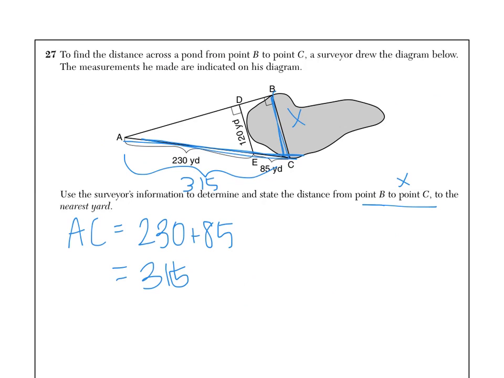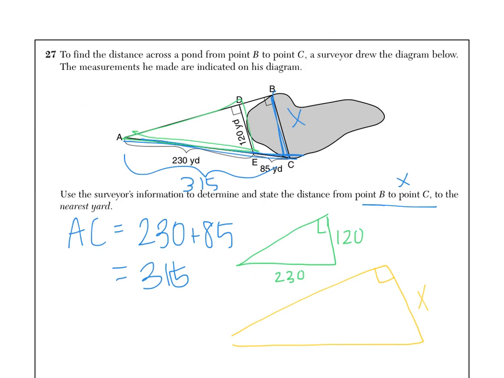And if you can't quite see why we need that, maybe think about separating your triangles. We have 120. This is a right angle. This is 230. Then we take the big triangle, right angle, X, and now notice, because I use this whole side of the small triangle, I need the whole side of the big triangle, 315.